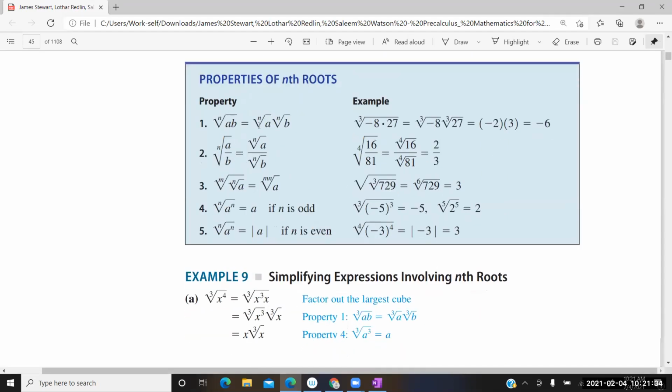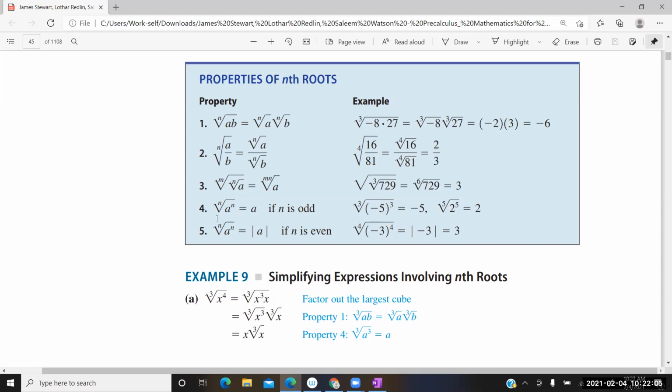But the nth root of a product is the product of the nth roots. So this nth root in some sense distributes over the product. And then the same thing with ratios or fractions. The nth root of a fraction is the fraction of the nth roots. And then you have the mth root of the nth root just becomes the mnth root, m times n root.